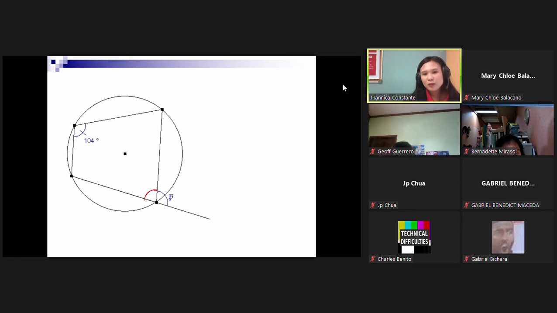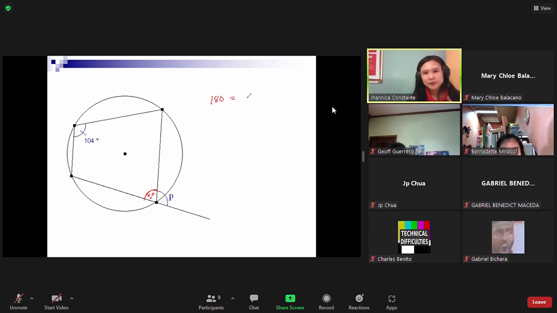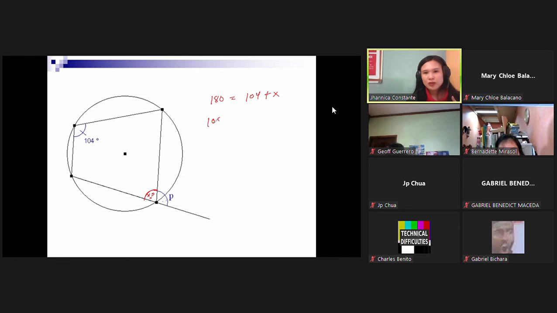So for us to be able to find the measurement of P, which is the exterior angle of our quadrilateral, we need to find the measurement of this angle first, applying the cyclic quadrilateral. So opposite is equal to 180. So 180, let's use a symbol x here, is equal to 104 plus x. So 180 minus 104 equals x.